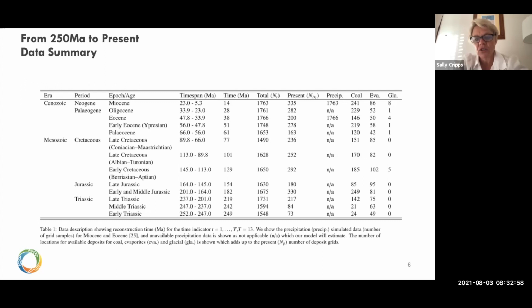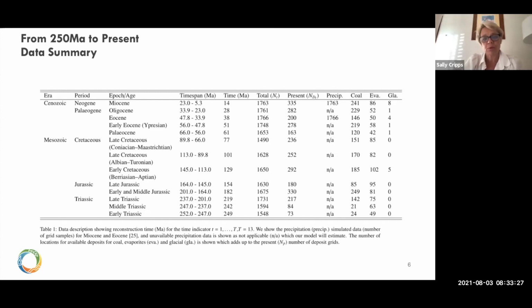And as you just said beforehand, there were only 2 eras for which we had information regarding the precipitation. And the last 3 columns break down the number of sediment sites we had available for the different sediment types: coal, evaporites, and glacial. So you'll see, for example, the first row shows 241 of the sites that we had deposit information for had coal, 86 were evaporites, and 8 were glacial.